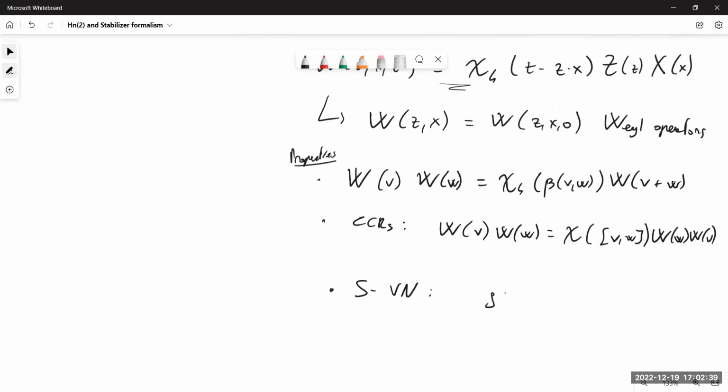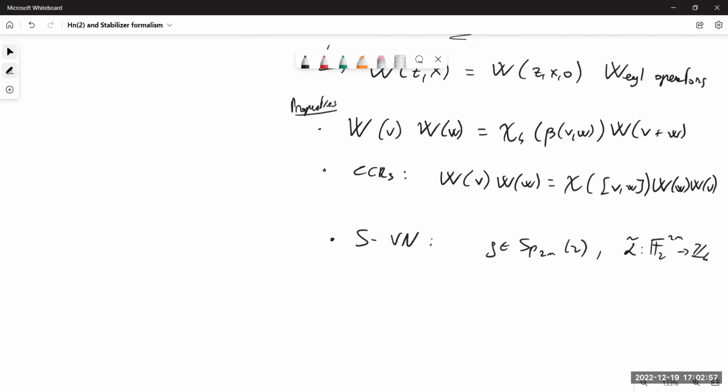Given G in the symplectic group, but now we also have this function alpha, which I just call alpha tilde in Z4, you have that there exists an operator that depends on G and alpha, such that W of Gv is unitarily equivalent to Wv.